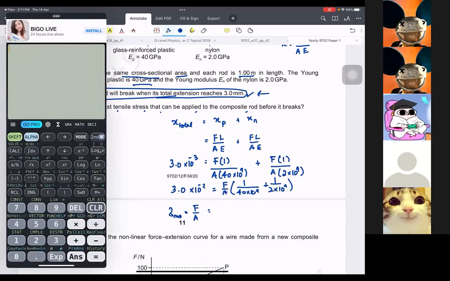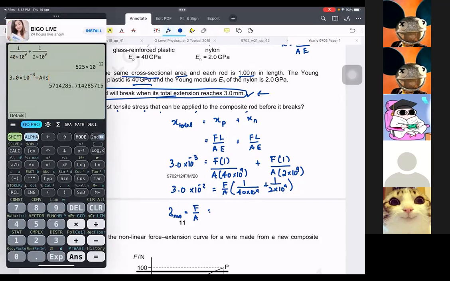Okay, check this. 1 over 40 times 10 raised to 9 plus 1 over 2 times 10 raised to power 9, like this. Okay. Once you do that, then 3.0 times 10 raised to power minus 3, and I could divide the answer.